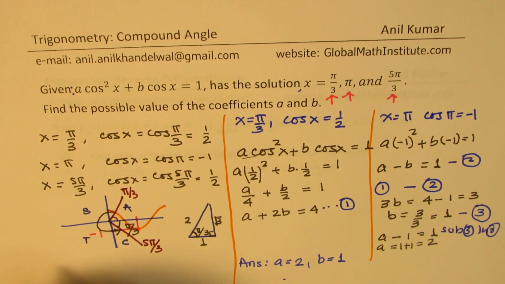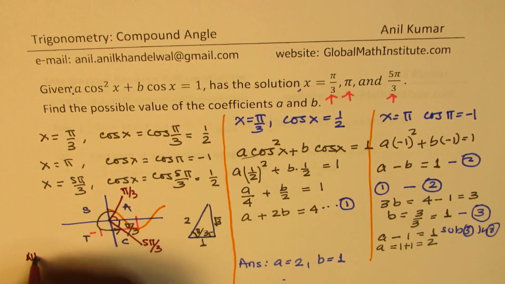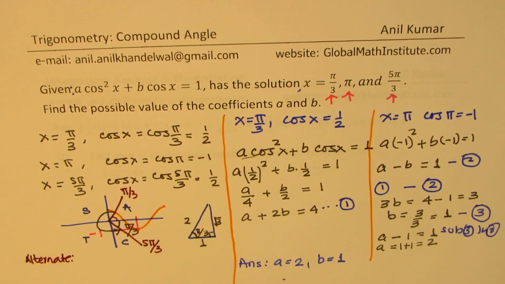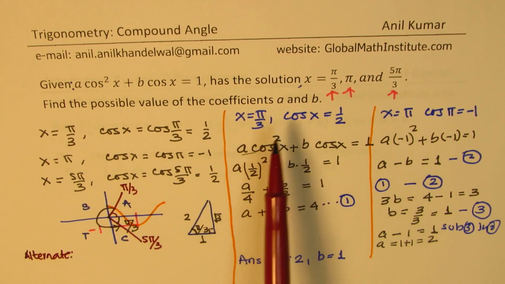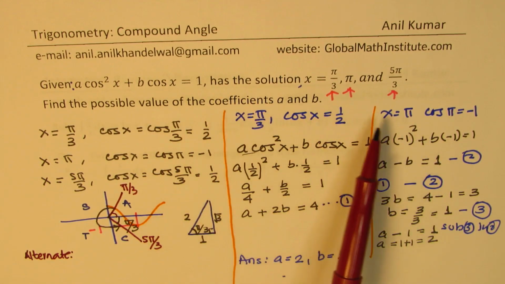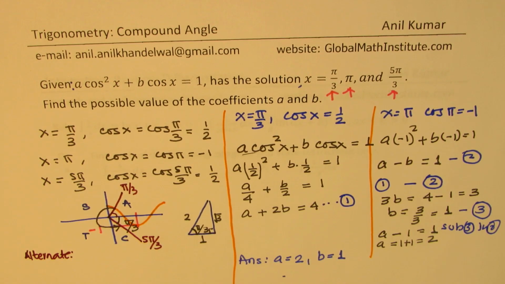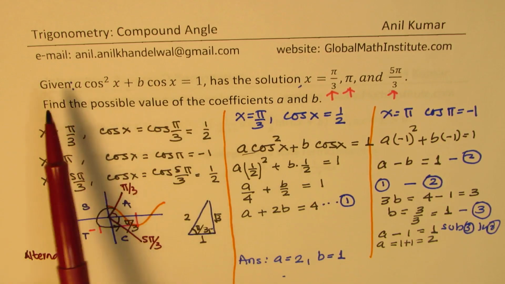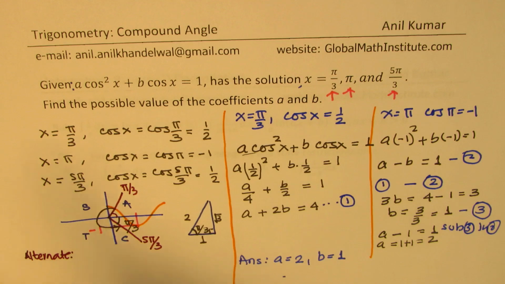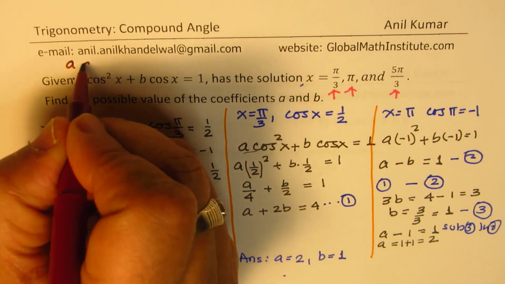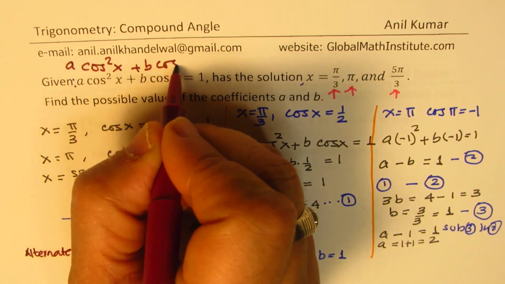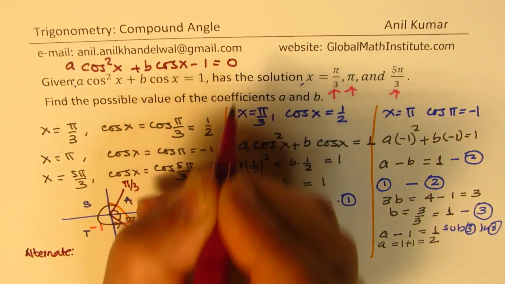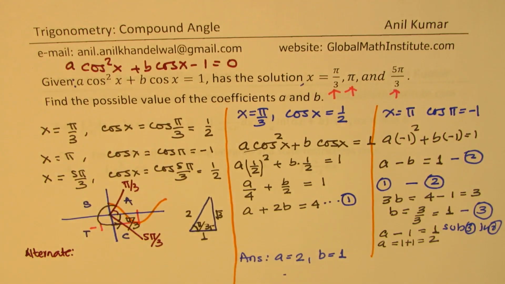Let me mention some alternate methods here. One of them, which is commonly used in such cases, is, we know that that is the solution. So what we could do here is work out this quadratic equation, which could be written as a cos square x plus b cos x minus 1 equals 0 in the factored form, right?